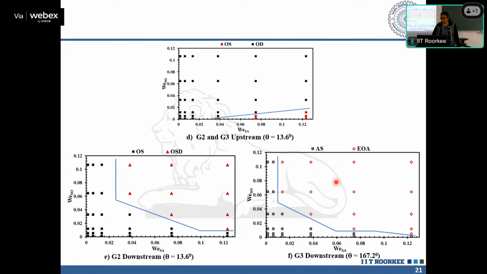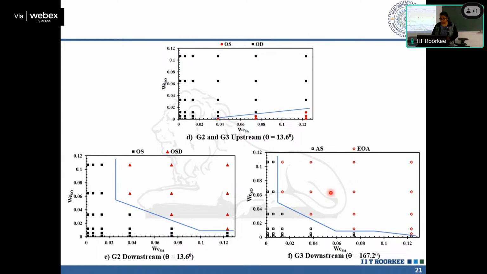Okay, in this part. And here again this reverse phenomenon happens: aqueous slug formation and encapsulation formation, and encapsulation formation is the dominating flow regime.